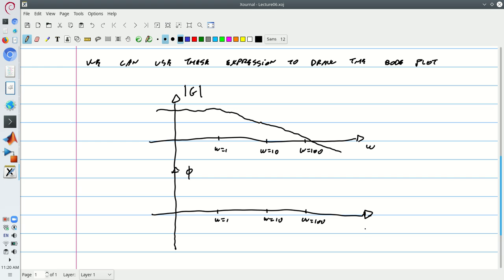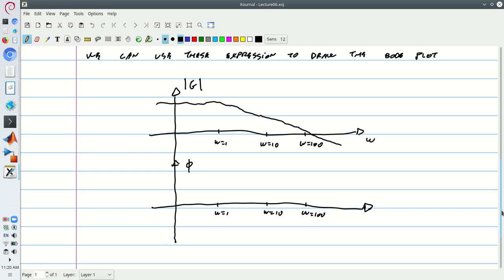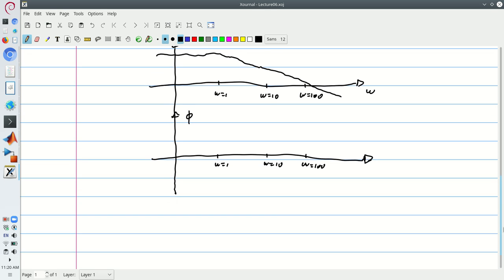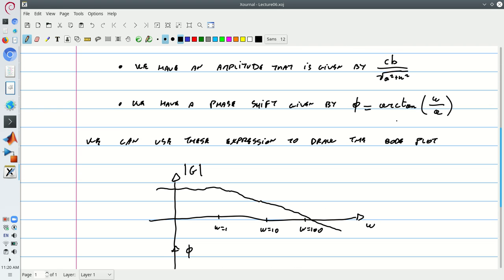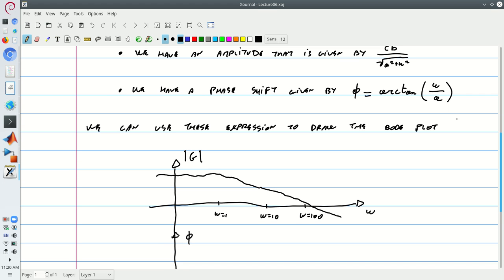We are going to verify that using MATLAB. And then we'll see what the phase shift looks like, but it's just going to be the arctan of omega divided by A. Remember that A is negative because we need a form of stability for our system.